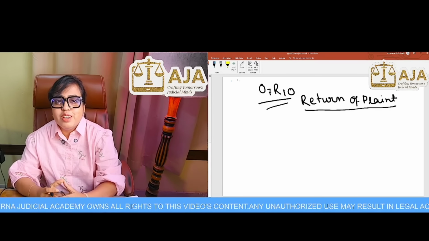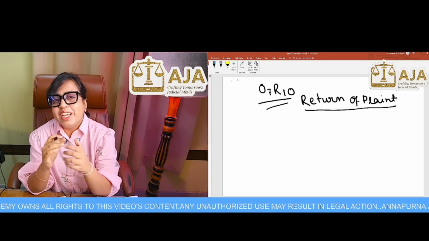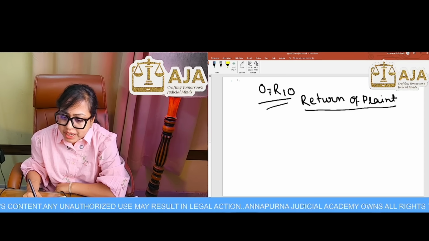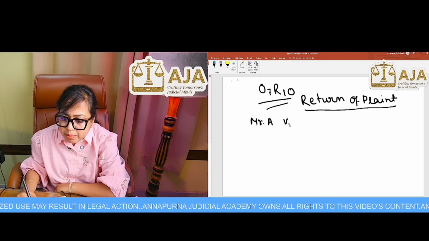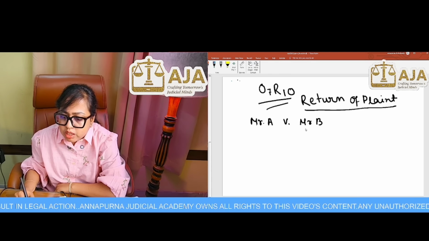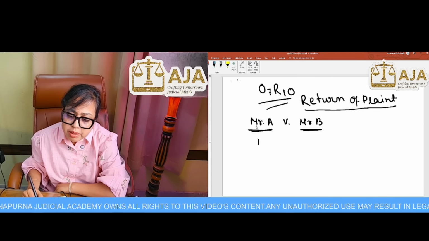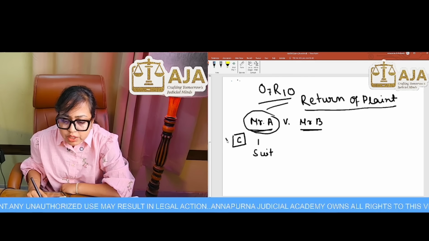In our example, suppose there are two parties, Mr. A and Mr. B. Suppose Mr. A has filed a suit against Mr. B in this court.